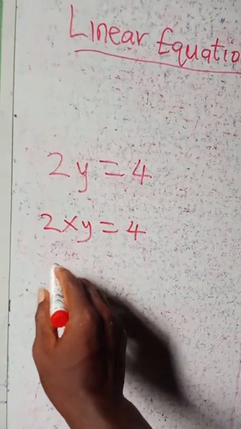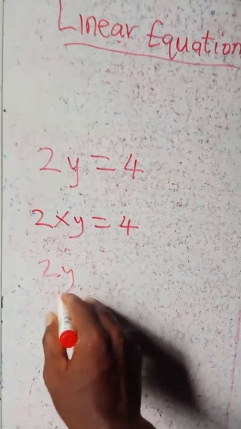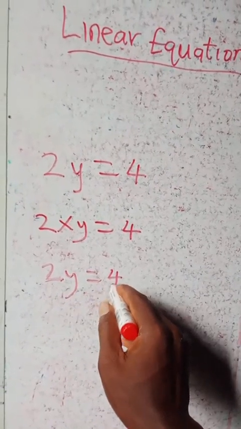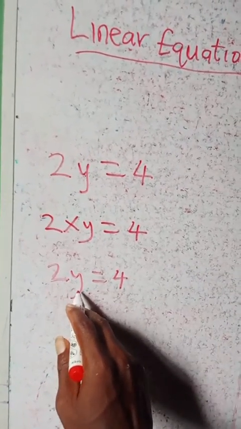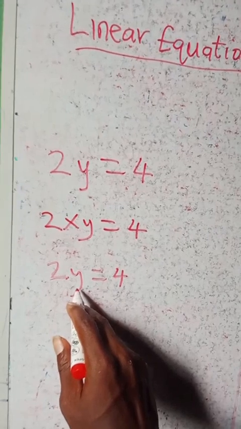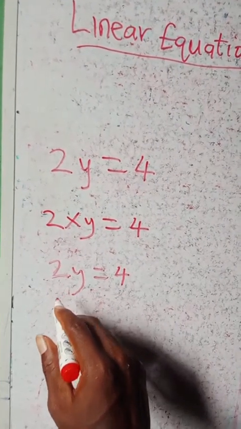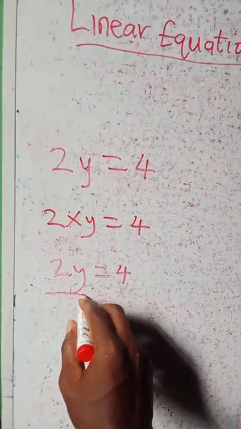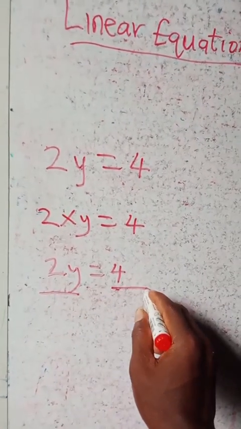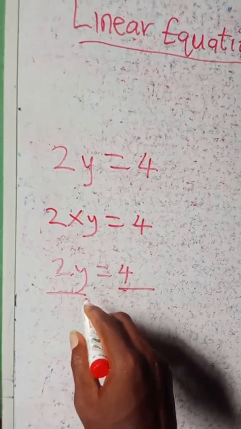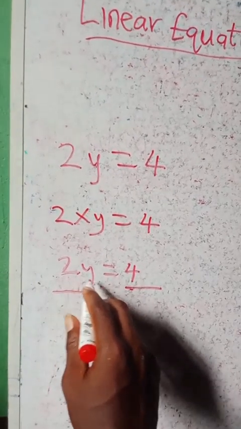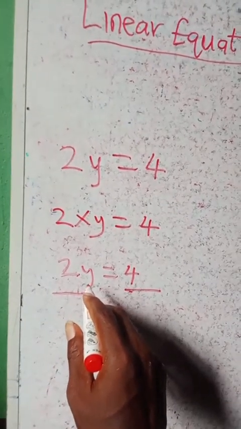So, how do I make y to stand alone? Okay, if I have 2y is equal to 4. So, if I want to make y to stand alone, what will I do? I will divide this side and this other side by the number that is with the alphabet y. Are you getting me?